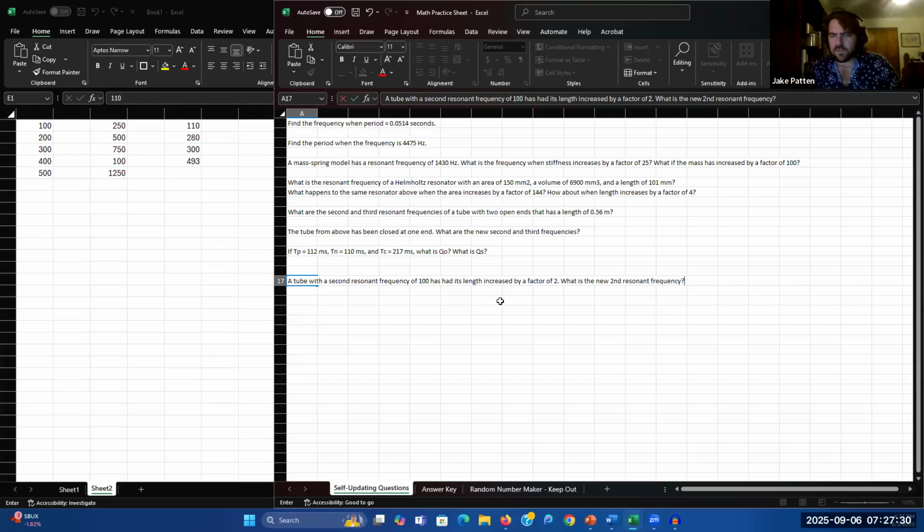So a tube with a second resonant frequency of 100 has had its length increased by a factor of 2. What's the new second resonant frequency?